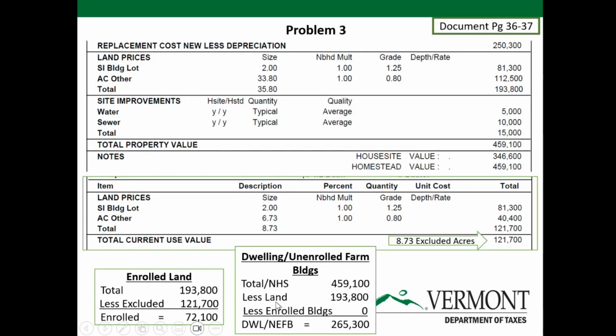We are going to remove the land value because we've already allocated for the land, so we're going to reduce the 459,100 by 193.8 for a remaining value of 265,300.